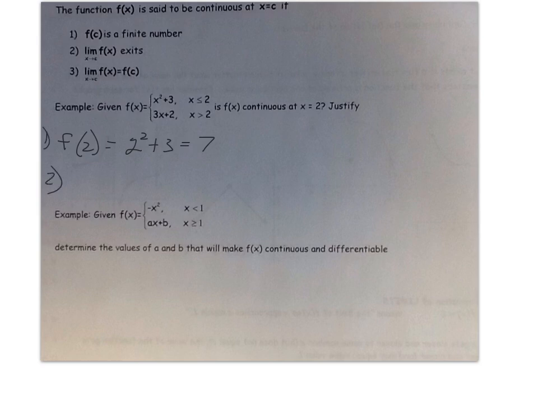The second condition is that the limit as x approaches 2 of the function f of x must exist. How will the limit exist? Well, it has to be going to the same value on the left and the right. So I'm going to plug in 2 for the x in the other piece of the piecewise function to see if it is going toward that same value. 3 times 2 plus 2 would give me 6, 7, 8.